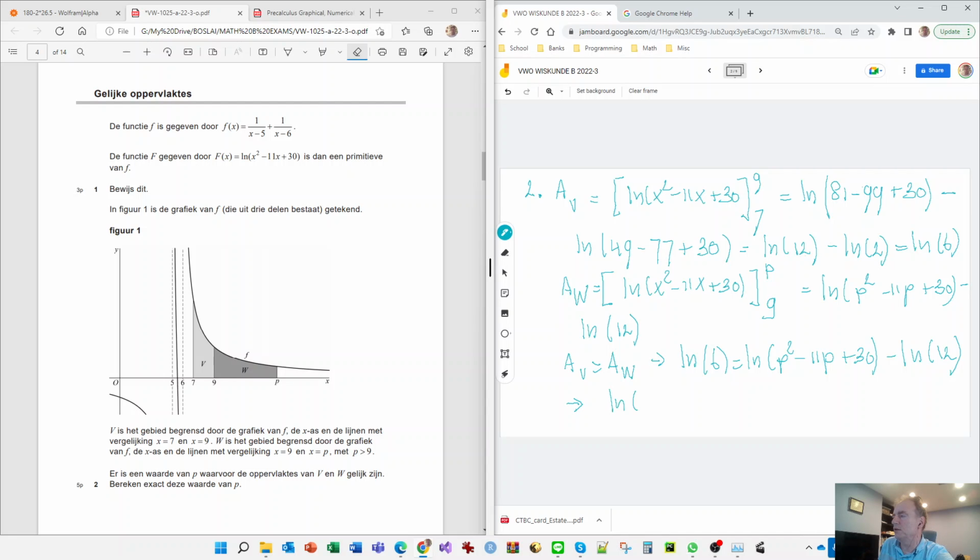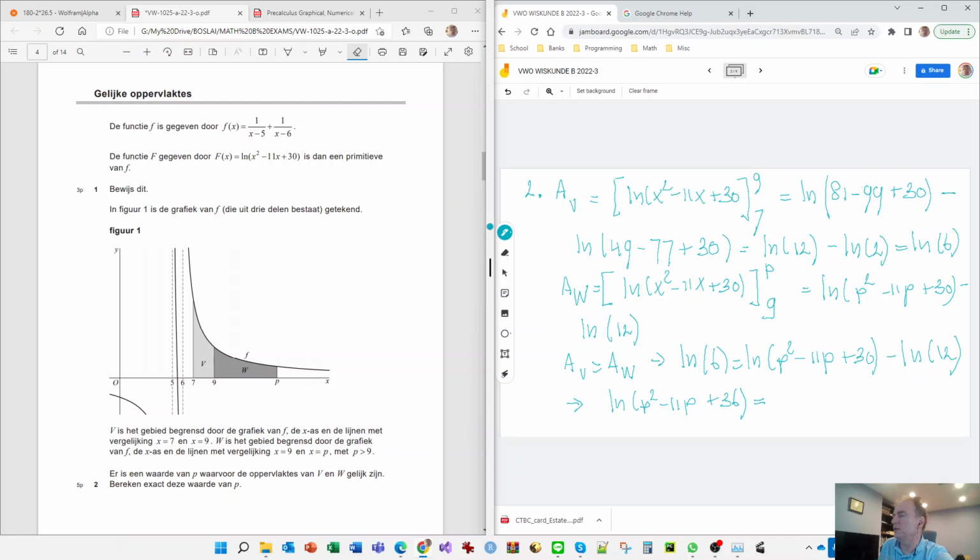So you get log P squared minus 11P plus 36 is log 6 plus log 12.